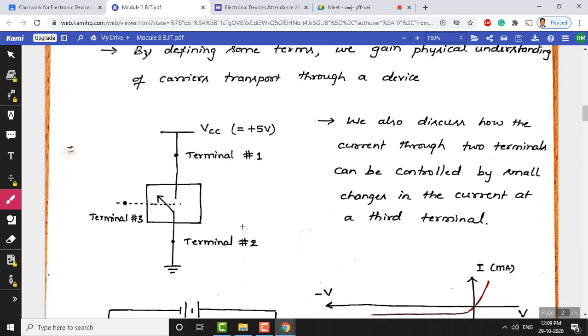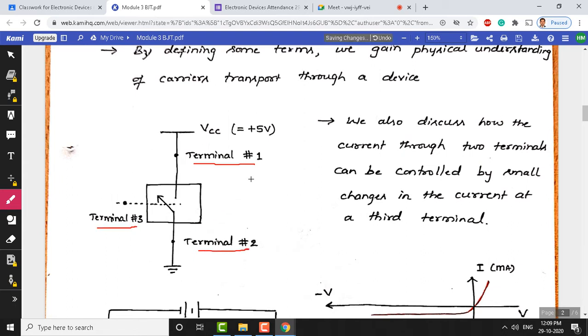The concept shown in this diagram is applicable to all 3-terminal devices. It is not only applicable to the bipolar junction transistor, but also to 3-terminal devices like the field effect transistor. Let us consider this as terminal number 1, this is terminal number 2, and this is terminal number 3. Totally there are 3 terminals.